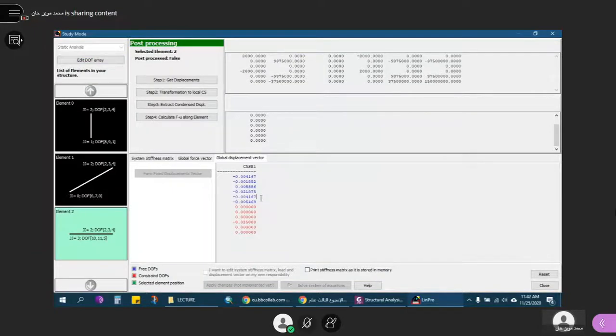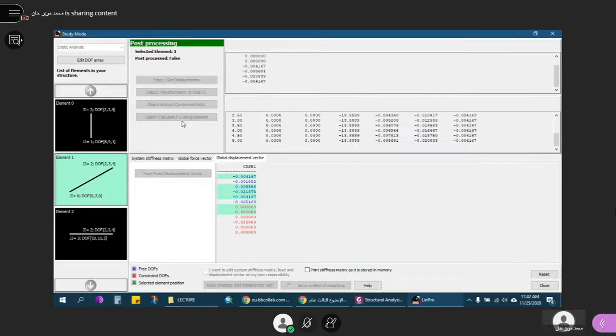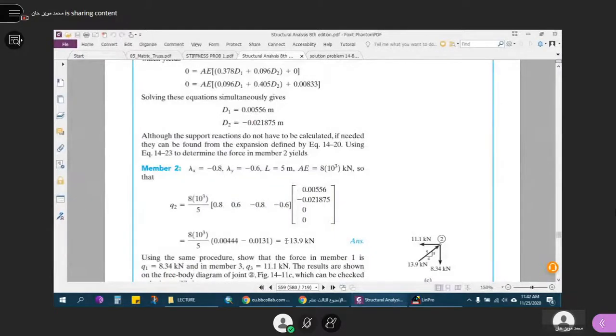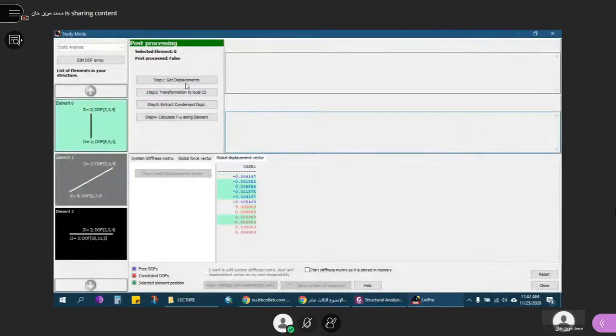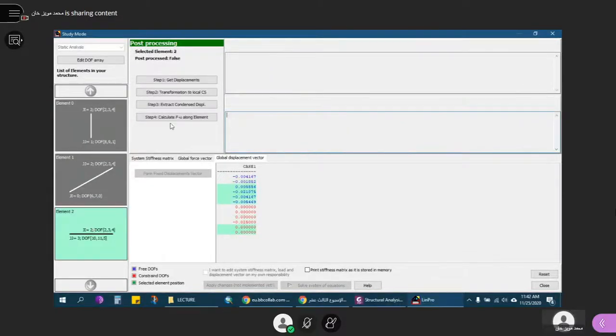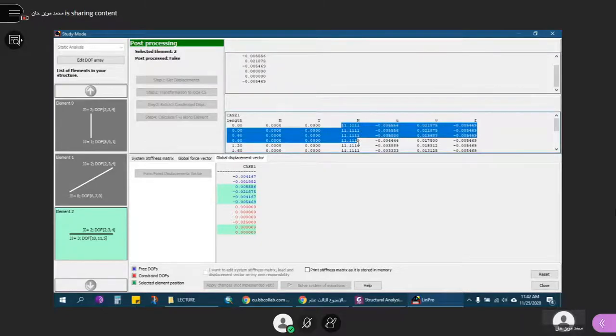Next, he's asking us for the force in the inclined member. We have a compression of 13.89, so the force in the member is 13.9. You can find the force in all the members similarly. We have a tension of 8.3 kilonewtons, and in this member we have another tension of 11 kilonewtons.